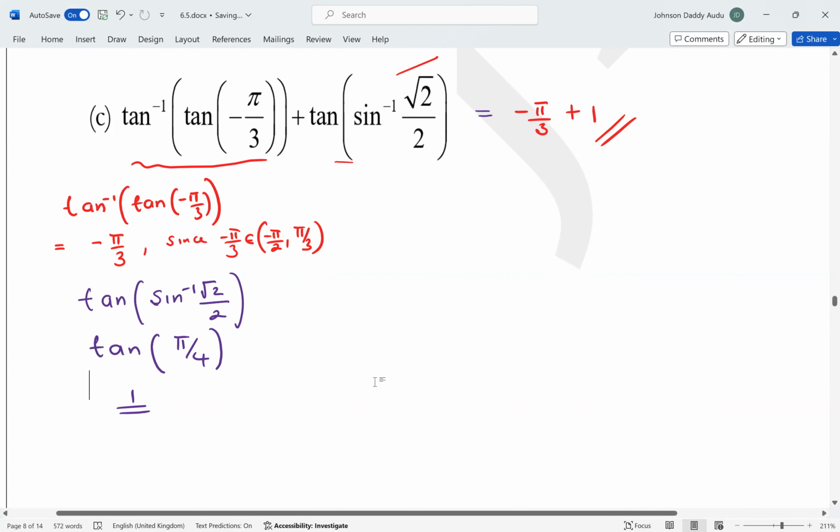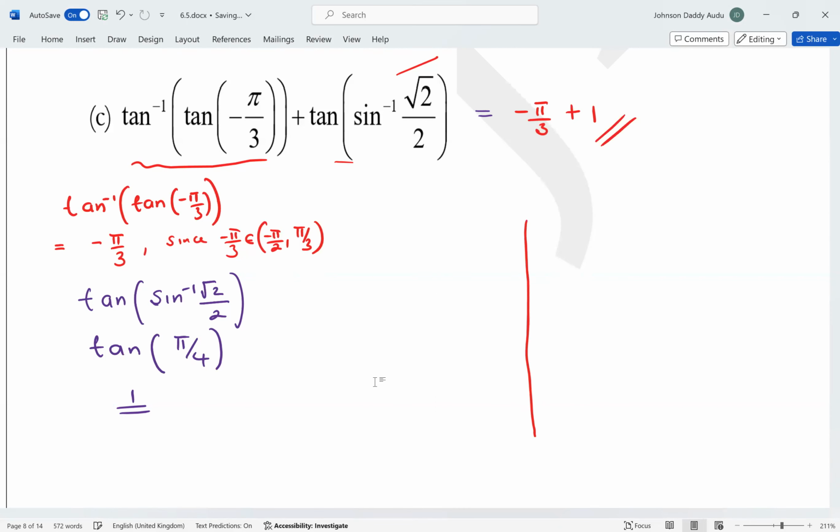Now, just to add something extra, in case you are wondering, here we went directly to sine inverse of root 2 over 2. But if you want to make it longer, how do you do this?